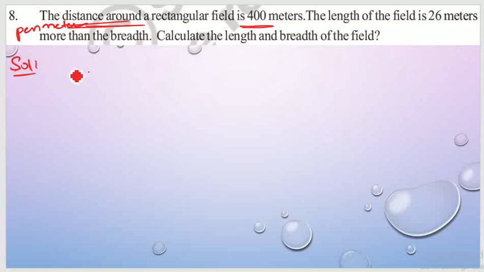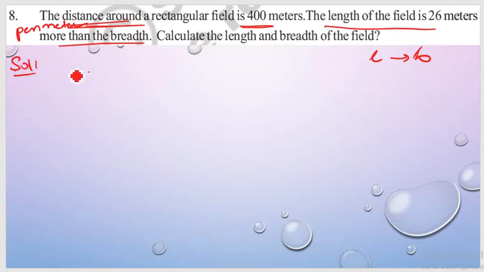And he has given the length of the field. The length of the field is 26 more than the breadth. So here you can clearly understand that length is compared with the breadth. Whenever a comparison comes, you need to write the thing which is being compared to first, right?